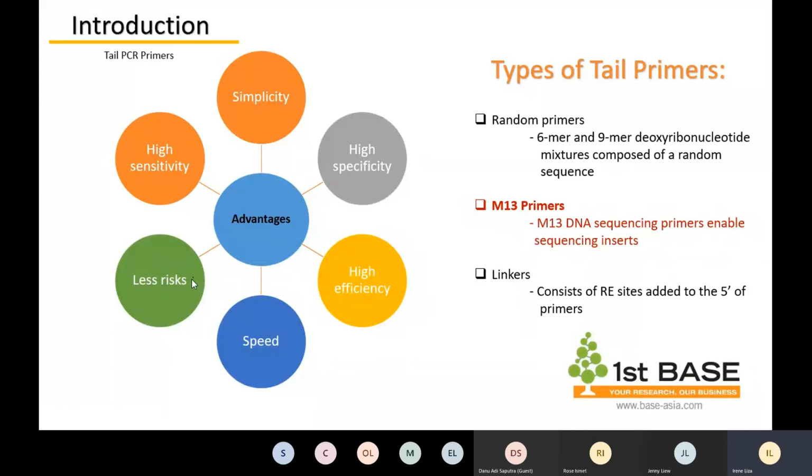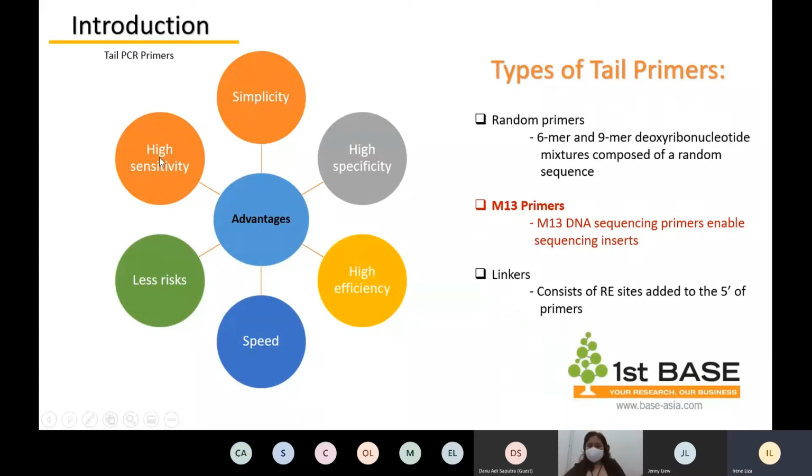When there's a ligation step, it increases chimeric artifacts. When we are using tailing primers, this is reduced because the primers are ligated with the tailing, which makes it more specific. High sensitivity, so any single copy sequence can be amplified using the tail PCR primers.